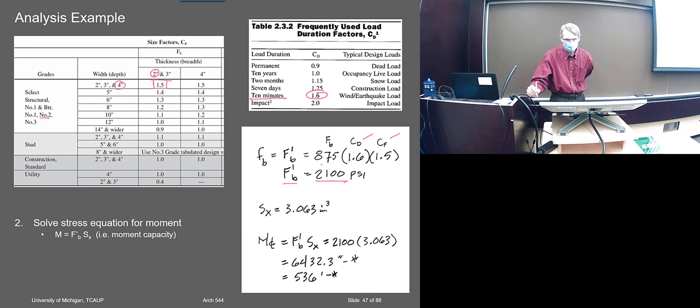That gives me my adjusted allowable. Now I would look up for a 2 by 4 the section modulus, and then calculate the moment. So I set the allowable equal to the stress, and then based on the maximum allowable, calculate what the moment would be. This is the section modulus for the 2 by 4, and that gives me the moment in inch pounds.